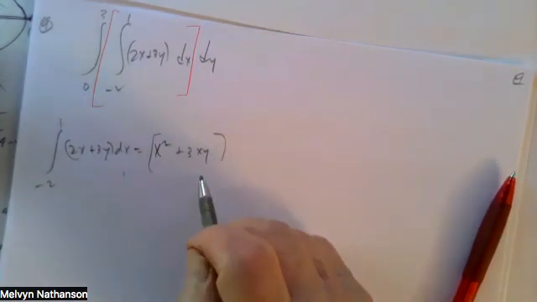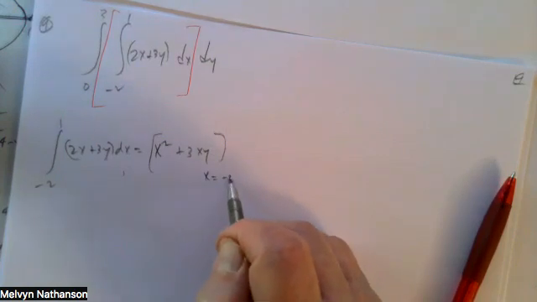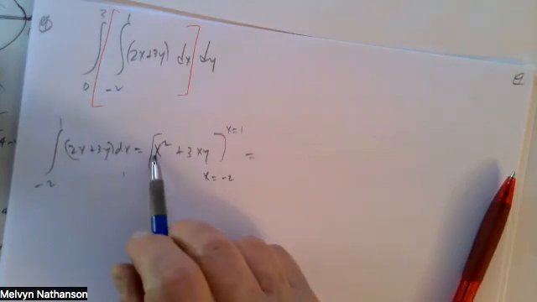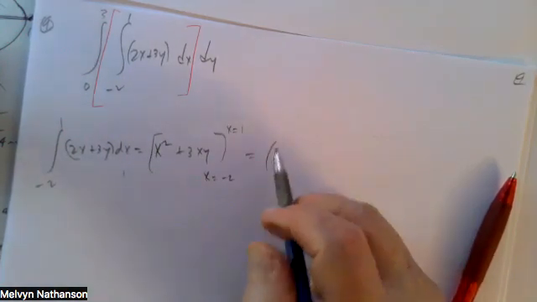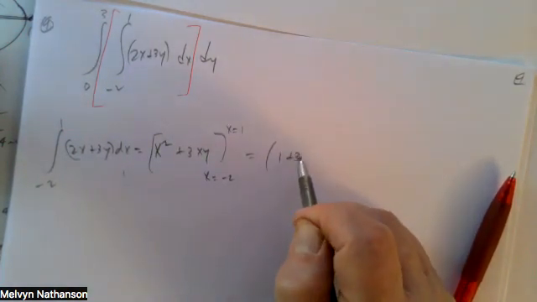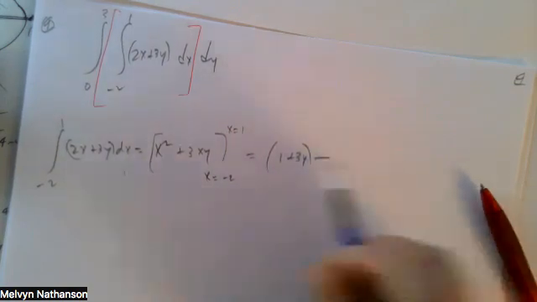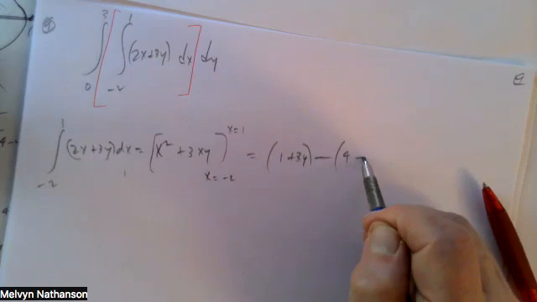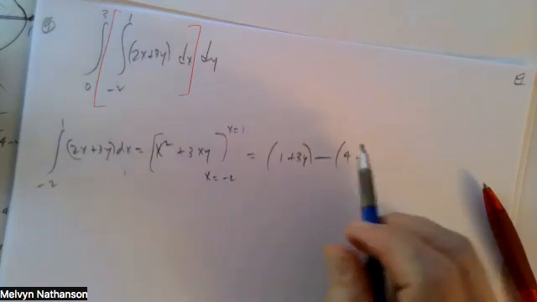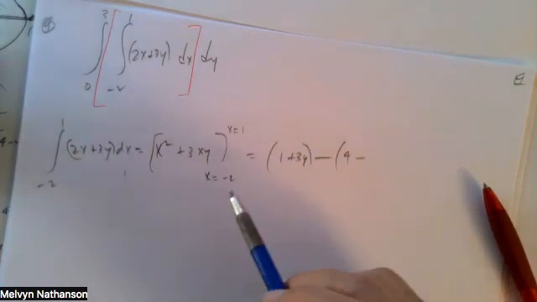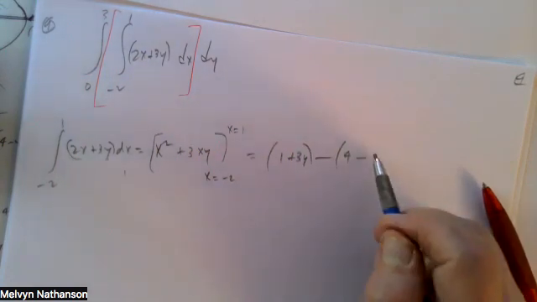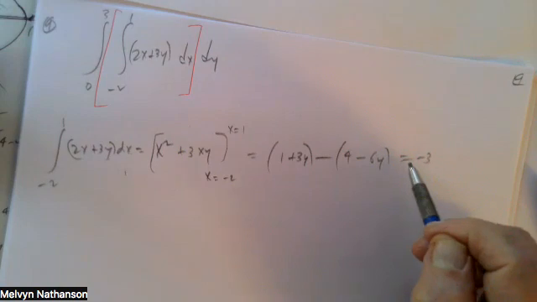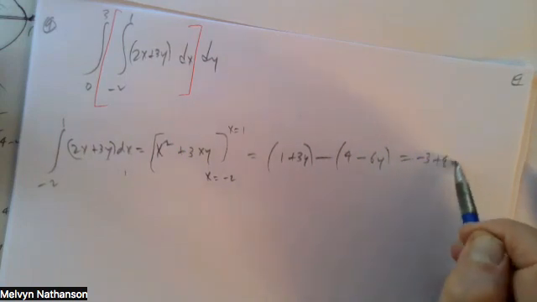And I'm evaluating that as x goes from -2 to 1. So when x is 1, I get 1 plus 3y. And when x is -2, I get 4 minus 6y. So this is -3 plus 9y.